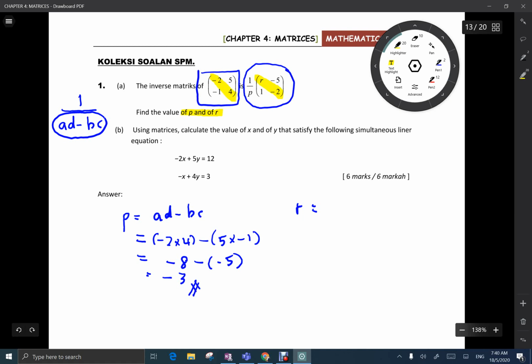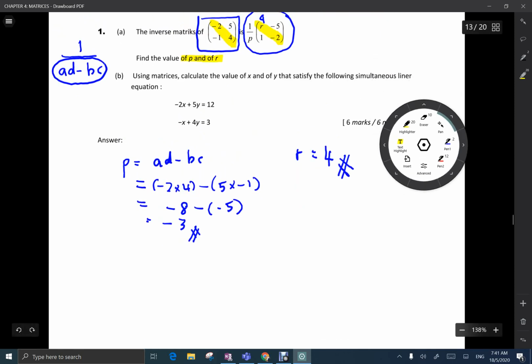Okay, this side awak akan change position. Betul? So, -2, 4. So, bila di inverse, dia akan jadi 4, -2. So, R kita adalah 4. Just like that. Tak ada working. Hanya comparekan sahaja.